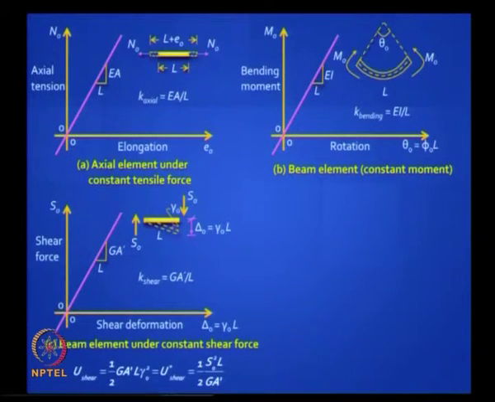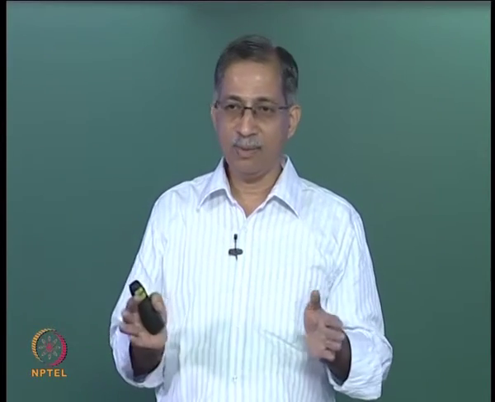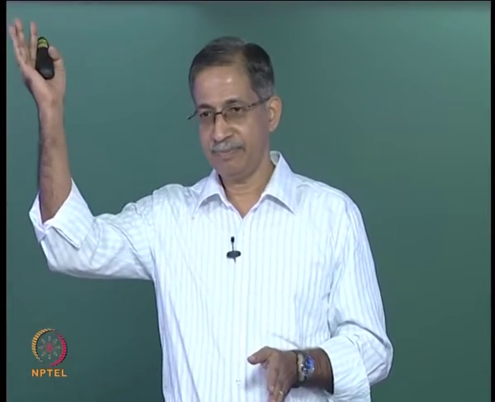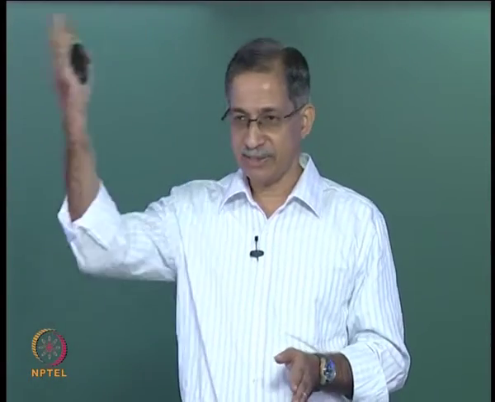Where are these terms used? You know about shear walls in buildings, right? If you have a very tall building and the wall is narrow in length, then it will behave like a beam. So you have mostly flexural strain energy.